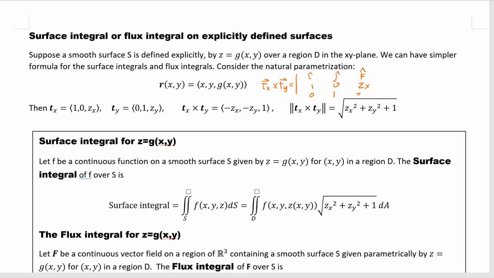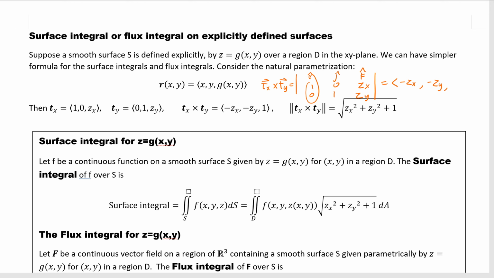Ty is 0, 1, z_y. So for the i component, the determinant is 0 times z_y minus 1 times z_x, so minus z_x. Then the minus j component is the determinant of 1 times z_y minus 0 times z_x, but it's minus j, so we get minus z_y.